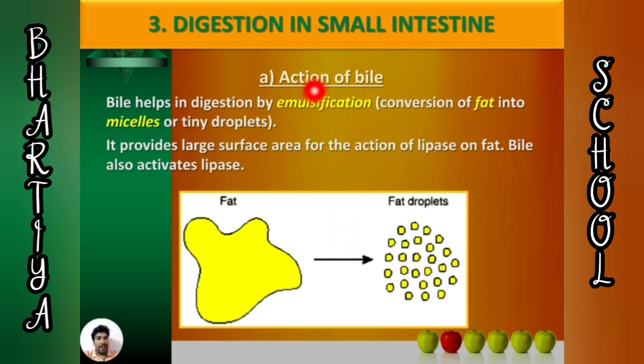This process is carried out by the bile salts, and the enzymes work on these fat droplets easily. That is our lipases. These lipases digest these lipid droplets very easily as the surface area is increased.